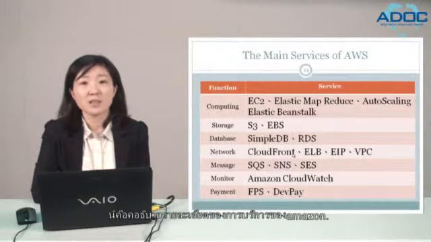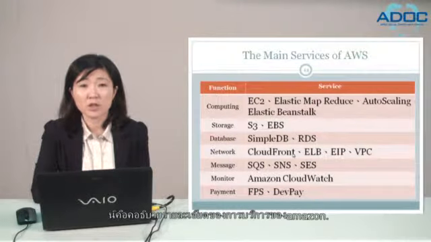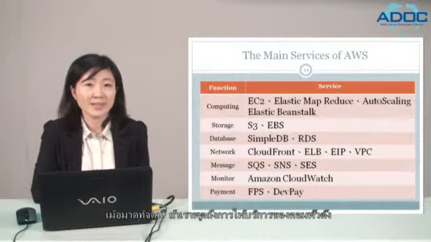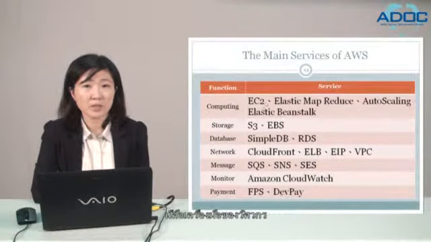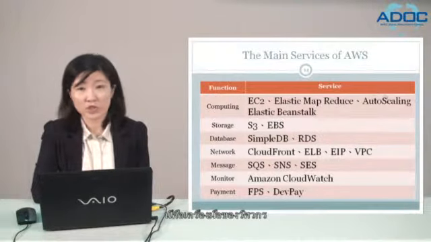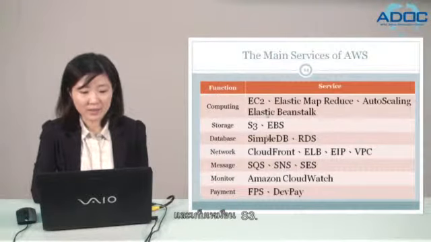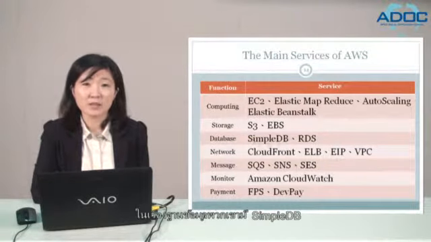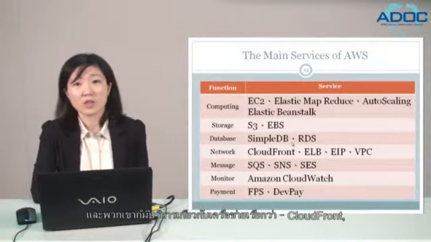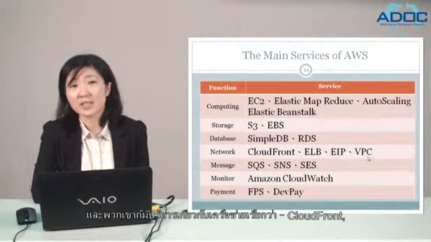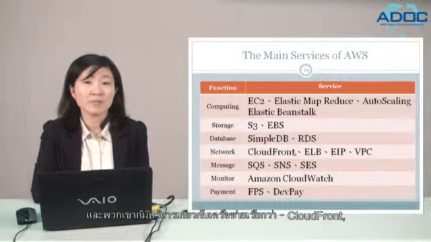Here is a more detailed description of Amazon services. If you look at the computing services, Amazon has EC2 and Elastic MapReduce. This is more engineer stuff. And storage, like S3, database, they have SimpleDB, and they also give you some network services, CloudFront.